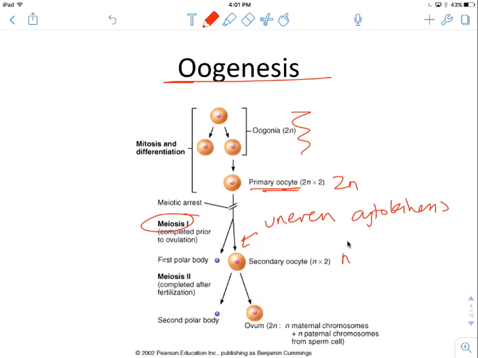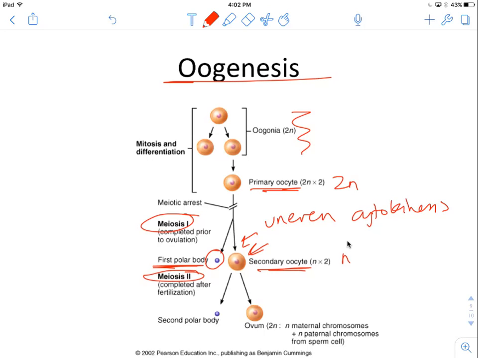So there's an uneven division of the cytoplasm, uneven cytokinesis in meiosis 1 that gives nearly all the cytoplasm to one cell and none of the cytoplasm to the other cell. Okay, this other cell is called a polar body. Okay, and then the oocyte continues on with the cytoplasm. Then meiosis 2, separation of the sister chromatids.